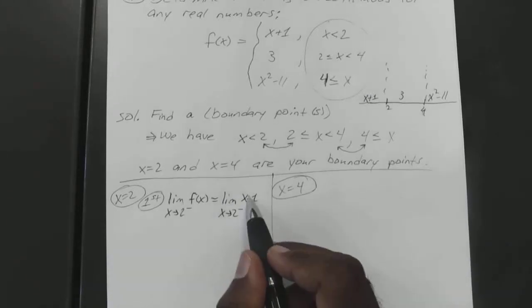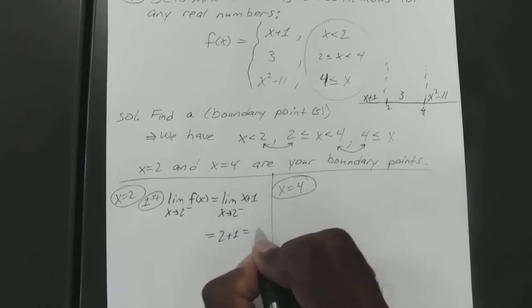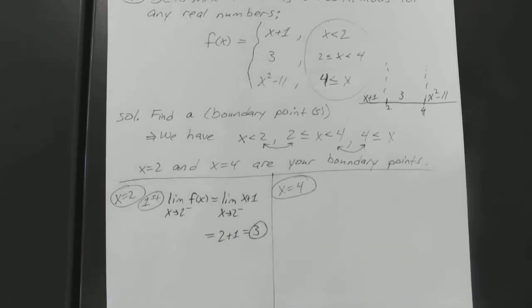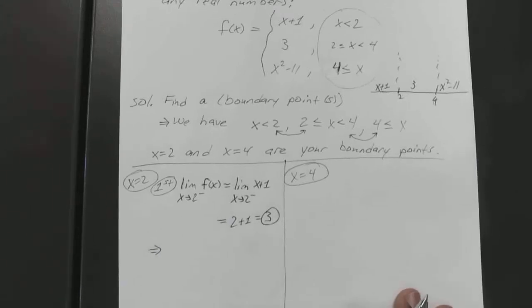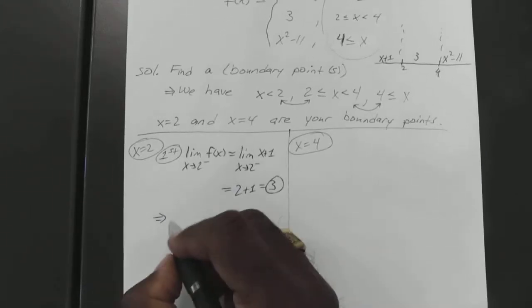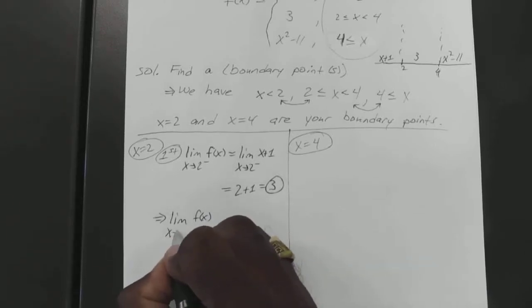Okay, so all we have to do is plug in our 2. So the limit equals 2 plus 1, which is just 3. So we know the limit of f of x as it approaches from the left is 3. Now we just have to find the limit as it approaches from the right. So the limit of f of x as x approaches 2 from the right.